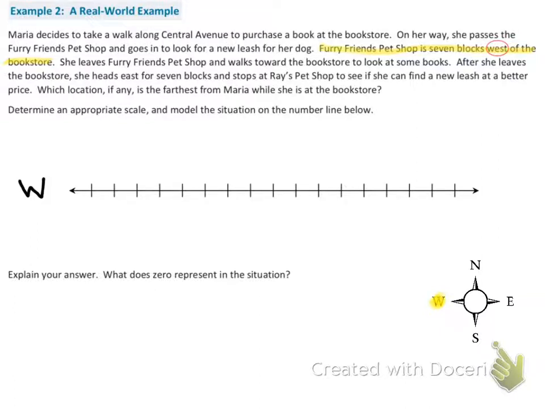Let's see, what else do we know? She leaves Furry Friend's pet shop and walks towards the bookstore to look at some books. After she leaves the bookstore, she heads east. So now she's heading east, and when we look at the compass rose, it's to the right. So I'm going to label that east.